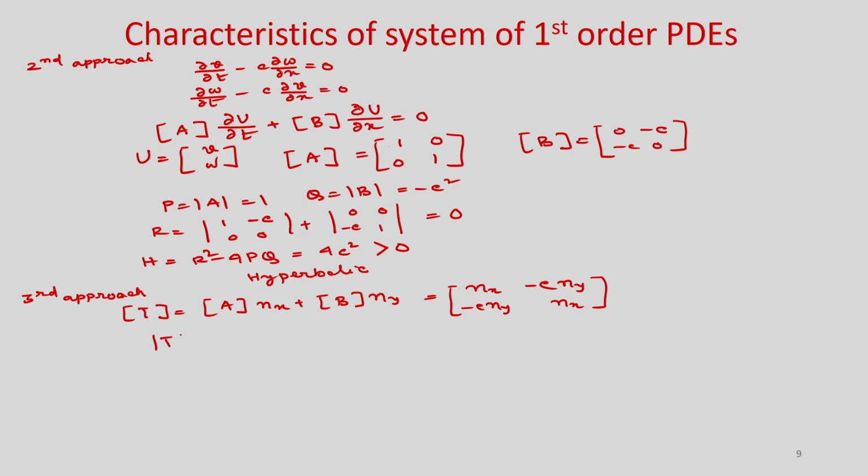So, determinant T will be n_x squared minus c squared n_y squared is equal to 0. So, you will get n_y by n_x is equal to plus minus 1 by c. Okay. So, the characteristics are real and distinct. So, obviously, the set of equations is hyperbolic.